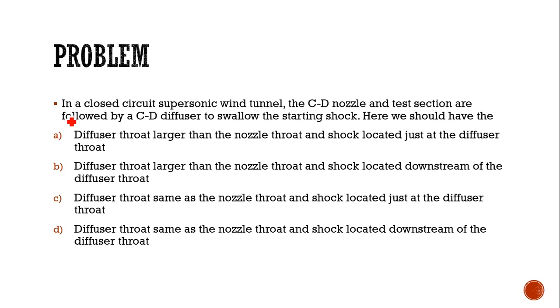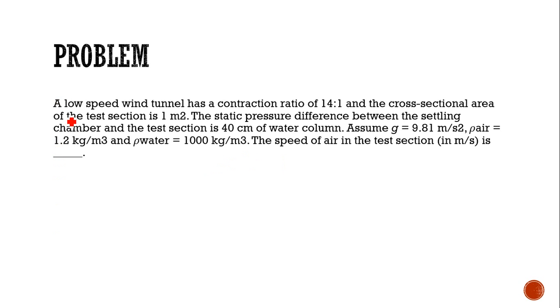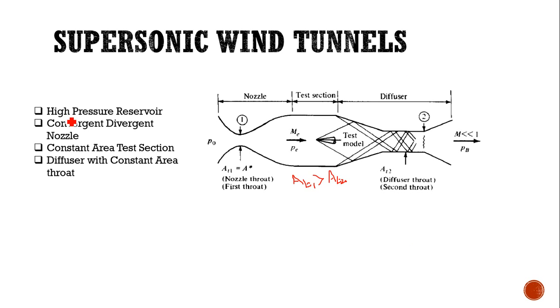Here, what type of diffuser should we have? Just check this. See, we have a throat area here. This is the first throat. It is very small, and this is the second throat. It is larger.